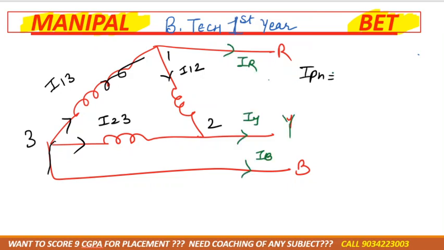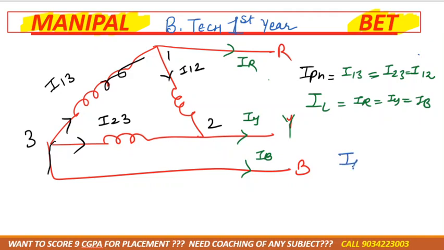The phase currents are I13, I23 and I12. All this is for balanced load only, and the line current IR is equal to IY is equal to IB. So what do you conclude from here? Is IR equal to I12? Yes or no? No, no.